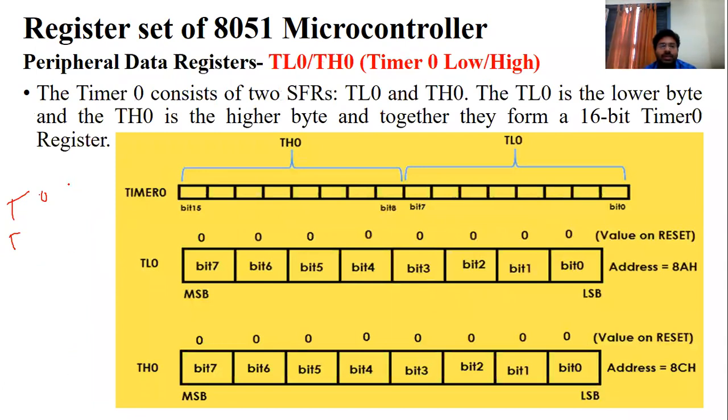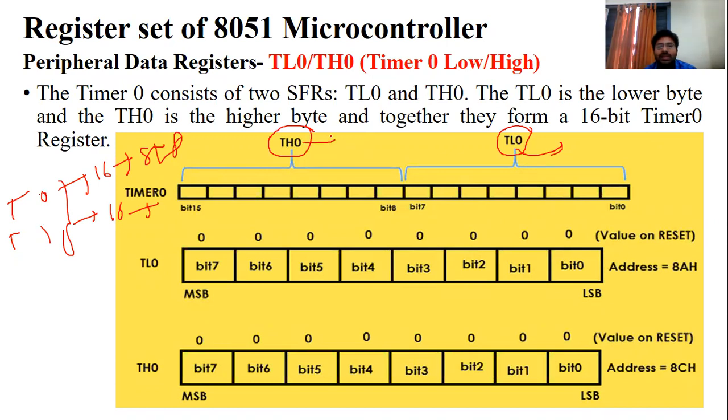These are 16-bit registers, which we divide into 8-bit registers. L means lower order, H means higher order. This is timer register 0.